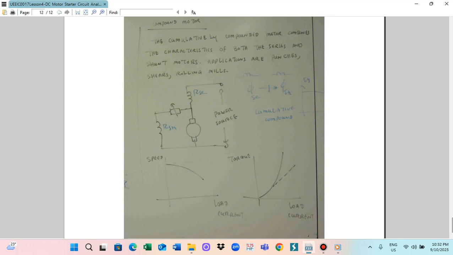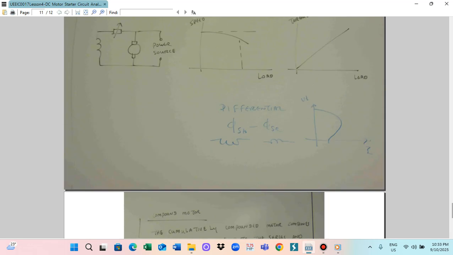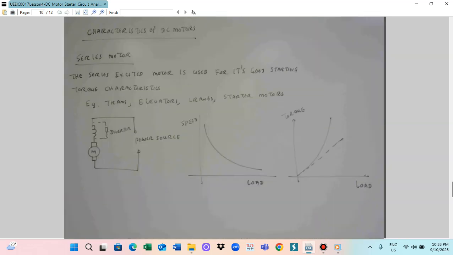So now I will give you the configuration and connection of the three major connections of the DC motor, as well as their load and speed characteristic and load and torque characteristic. This motor has three characteristics. The series excited motor is used for its good starting torque characteristic, especially for trains, elevators, and starter motors.